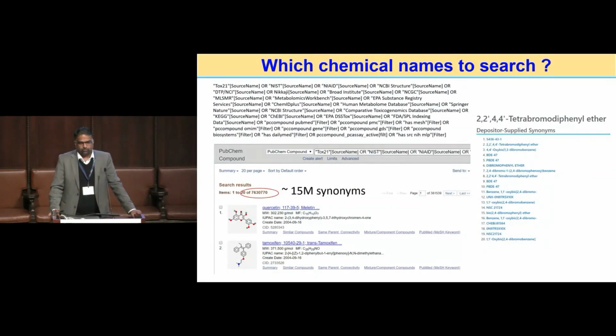So the next question is, where do we get the chemical names? Here PubChem comes as a really handy database. We can make a subset of the entire PubChem for relevant databases, and that will give us about 15 million synonyms to search against.